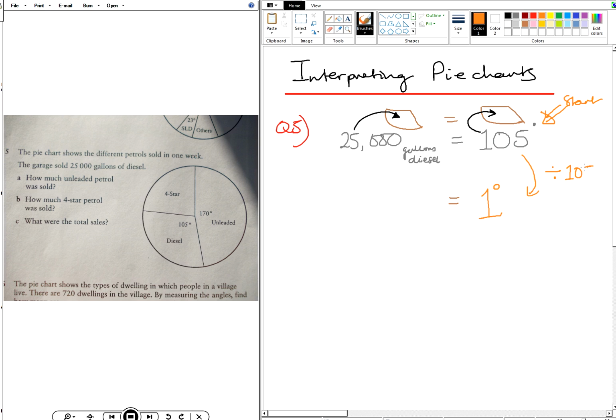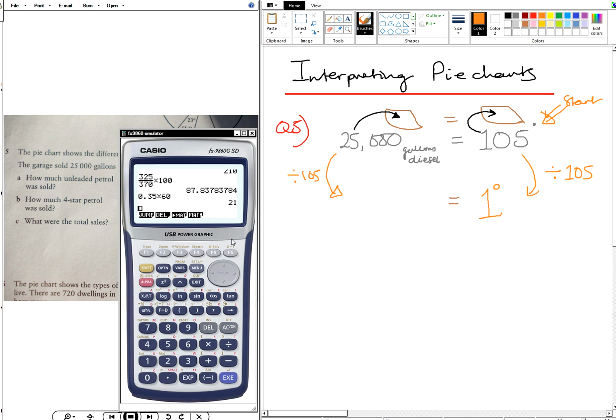So we're dividing by 105. What we do on the right hand side, we do on the left hand side. So we now have 25,000 divided by 105. Just run a calculator.